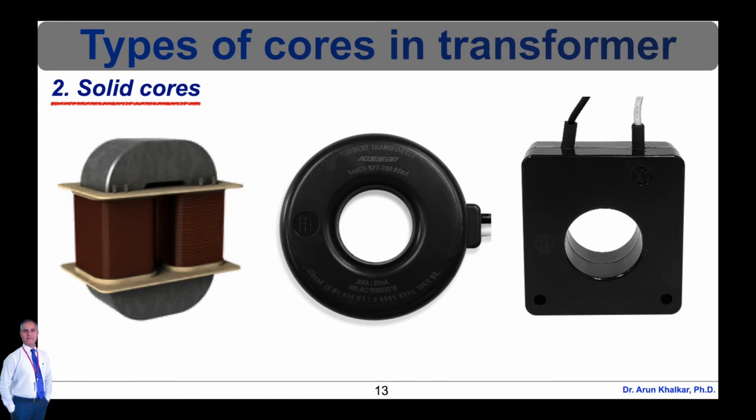Some radio frequency transformers also have movable cores, sometimes called slugs, which allow adjustment of the coupling coefficient and bandwidth of tuned radio frequency circuits. Here are a few pictures of solid cores, which are shown in the diagram.